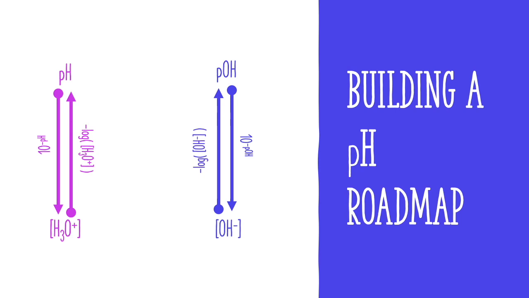And I have the same thing set up from hydronium ion concentration up to pH, so it's pointing up towards pH. Similarly, the equation for that would allow us to calculate the pH if we're given the hydronium ion concentration. And I have the same setup done for pOH and hydroxide ion concentration.